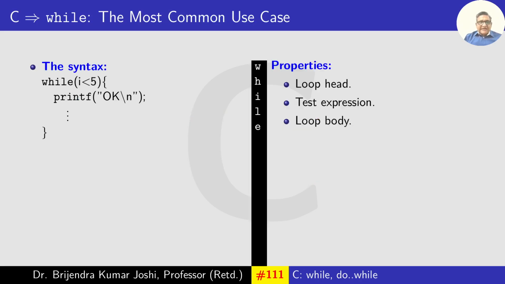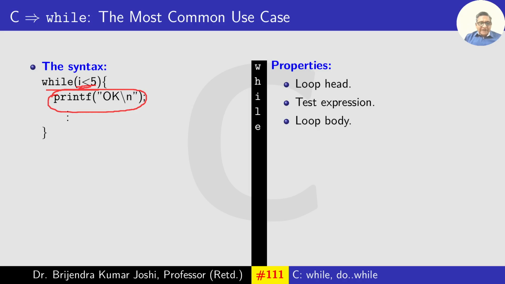Then the most common use case is like this. Here on the left hand side, some pseudocode you can say, while i less than 5, assuming i has been declared before this while keyword. So this is the test expression. This body of the loop would be executed unless this test expression fails.